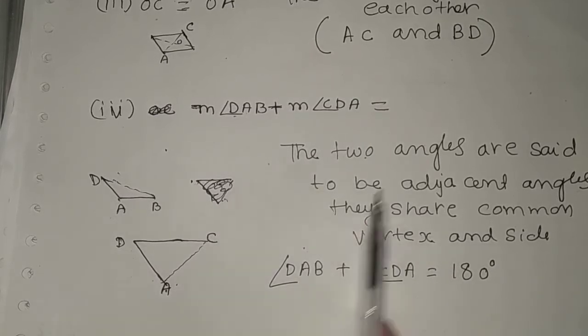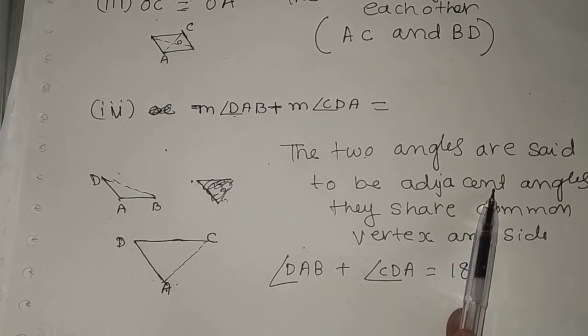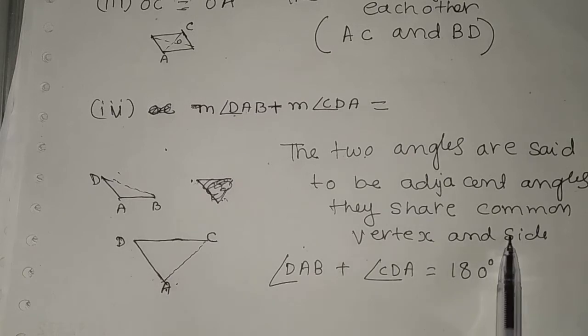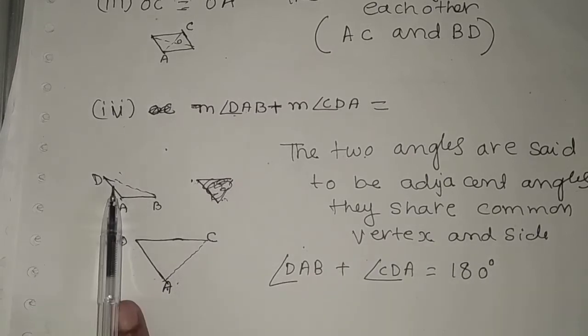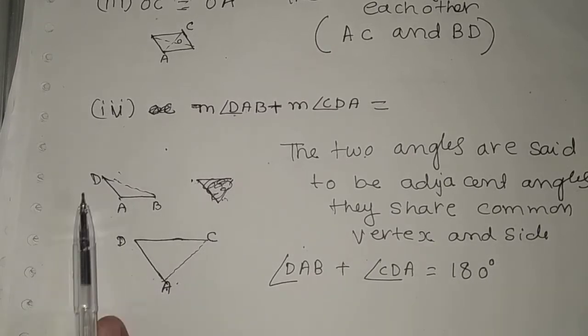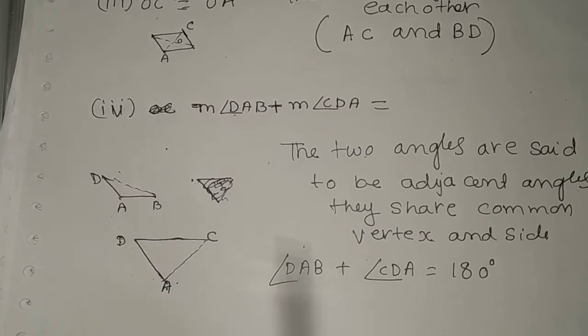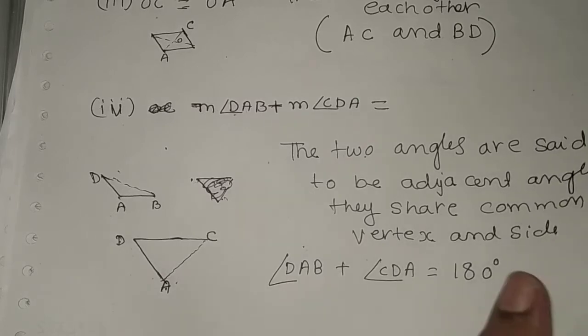Understood? Adjacent means next to each other. So this is the solution for the first question.